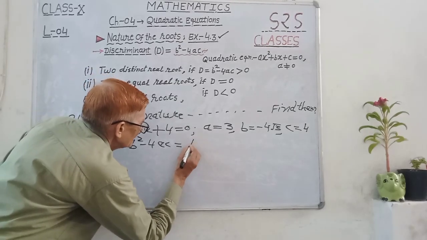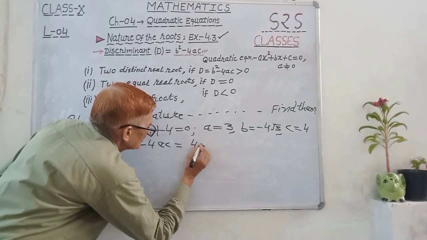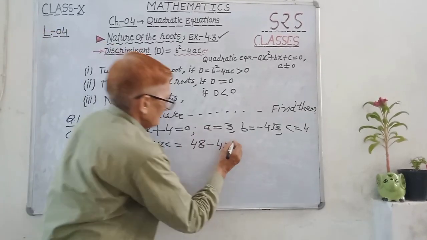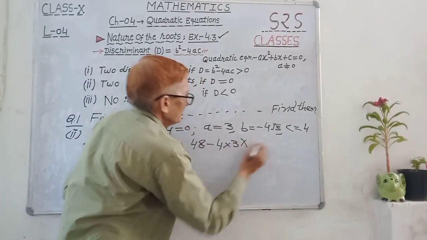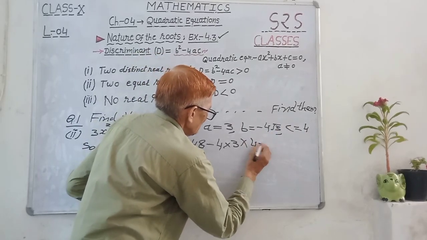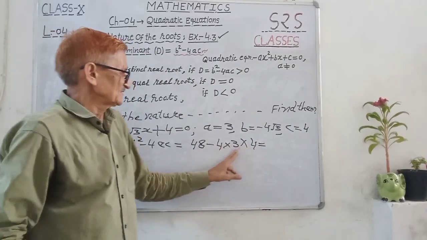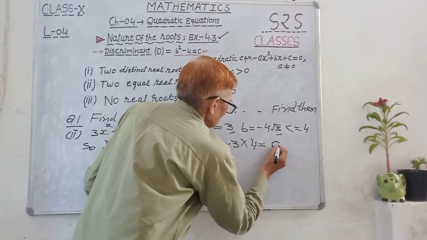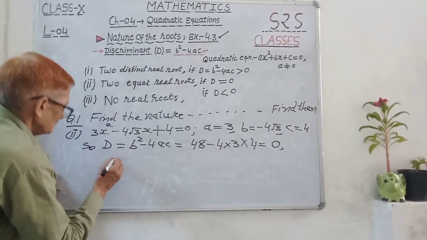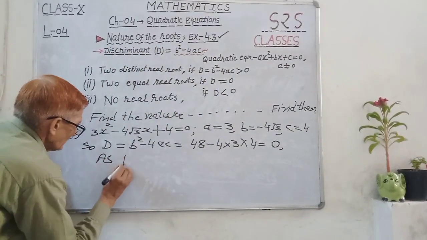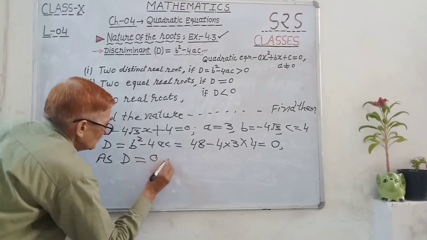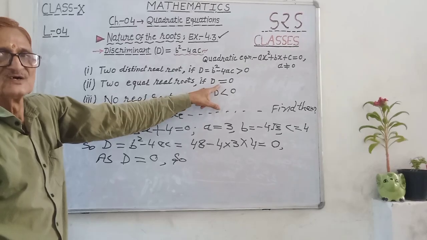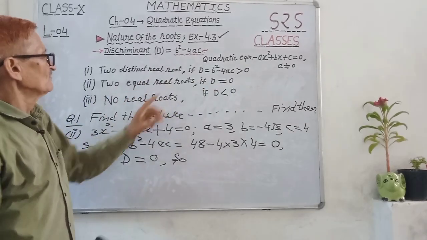Then b square is 48, minus 4 into a, a is 3, into c, c is 4. 4 4s are 16, 16 3s are 48. So 48 minus 48 is 0. So D is equal to 0. As D equal to 0, if discriminant is 0, then the nature of the roots is two equal real roots.